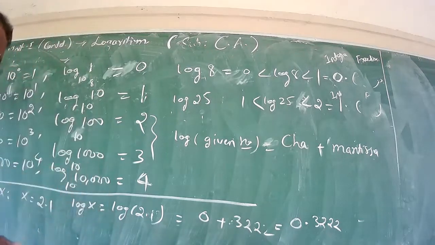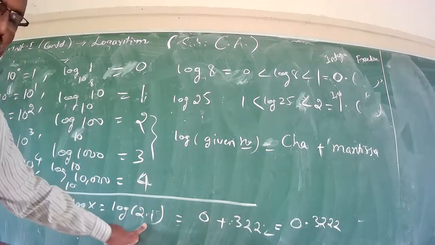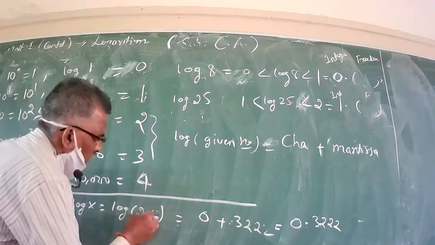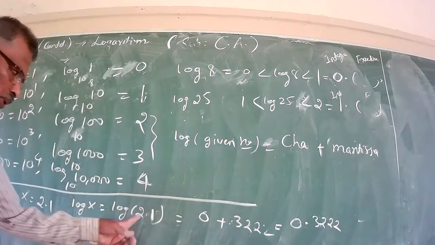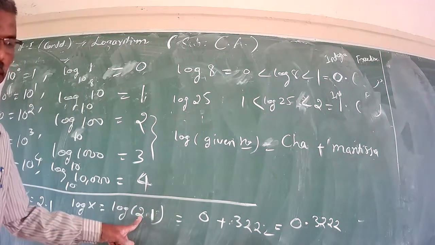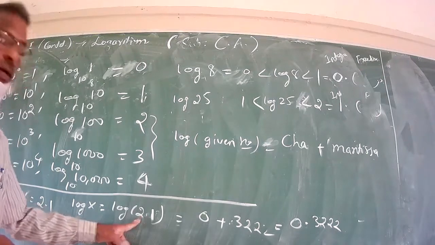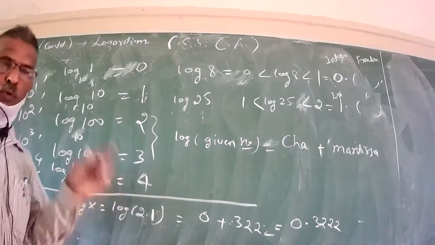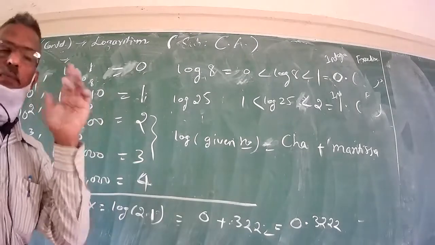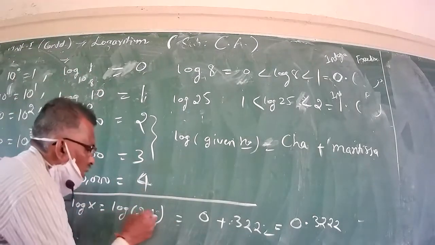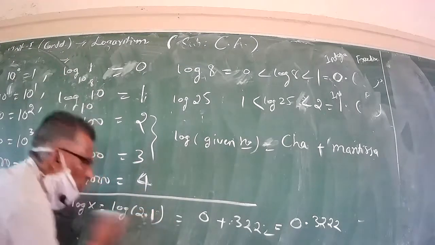How do you find the characteristic part? Count the number of digits before the decimal point.